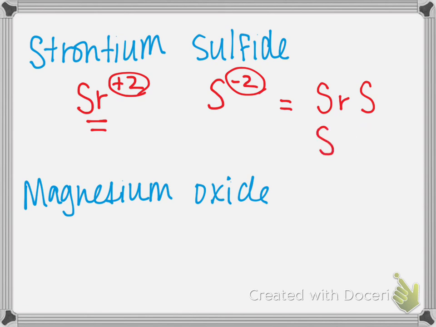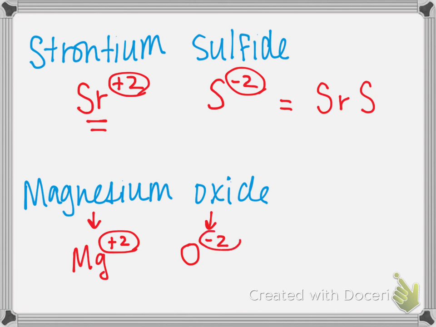That means very different things. It's strontium sulfide. Okay, as I look at the second one, I'm going to see, well, what's magnesium and its charge? Magnesium is +2. Oxide is O -2. They're going to go together perfectly because the +2 and the -2 cancel each other out, which means it would be MgO.